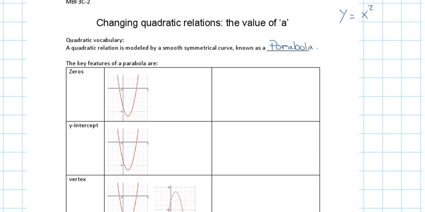So here are the three words that define a parabola: smooth, symmetrical, curve. And we said that the parabola opens either up or down.